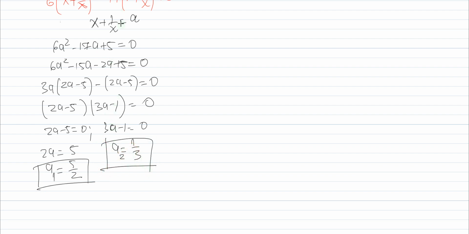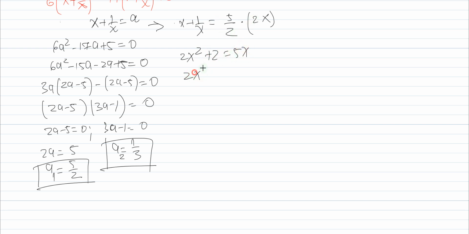Now let's find the value of x. We have x plus 1 over x equals 5 over 2, which is the value of a1. I have x in the denominator and 2, so I'm going to multiply this equation by 2x. This gives 2x squared plus 2 equals 5x.